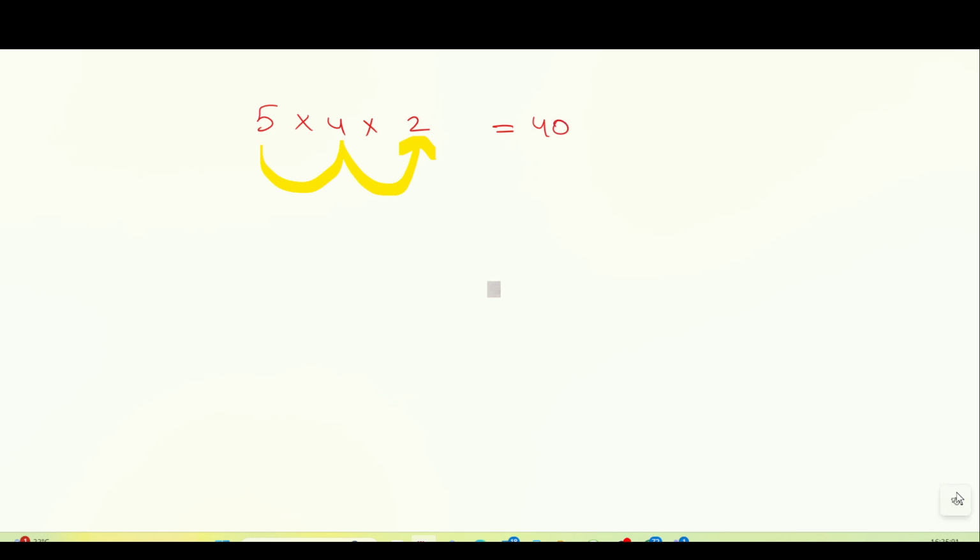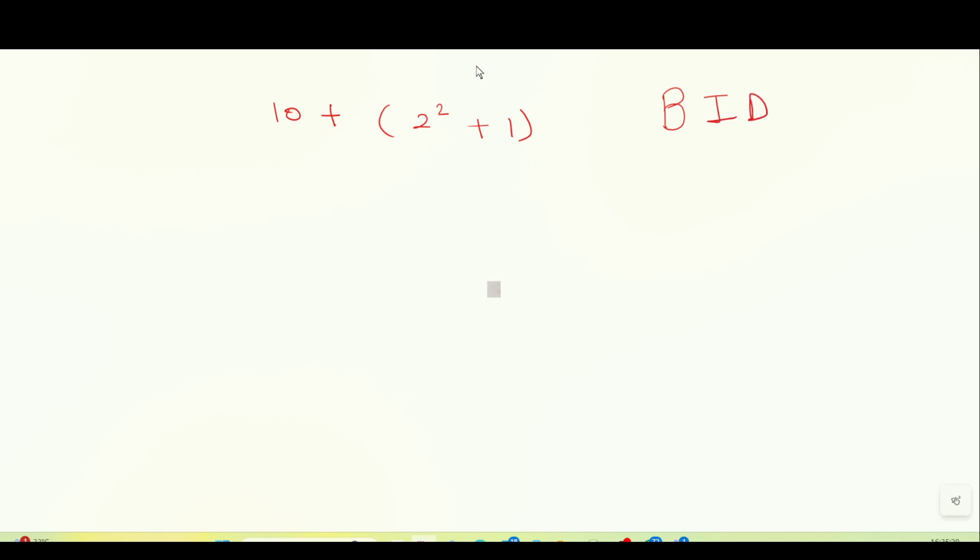Similarly, the next type of question that appears in the arithmetic paper is multiple operation questions, where you have to do 2 or 3 operations. For example, 10 plus 2 square plus 1, or something like this. To solve this type of question we use BIDMAS.